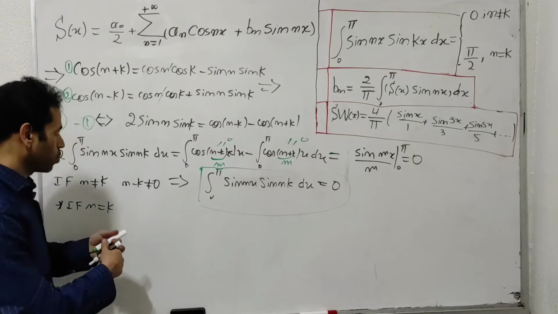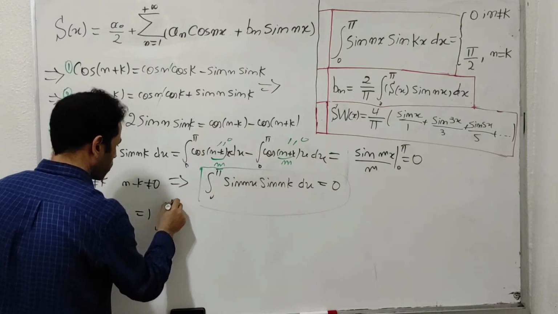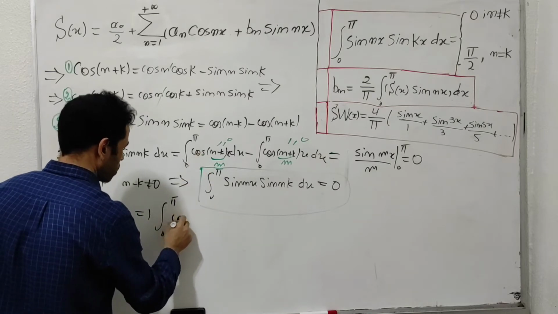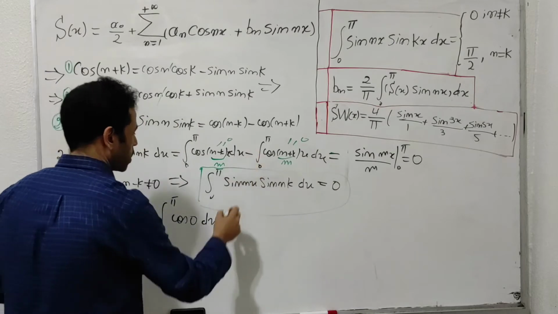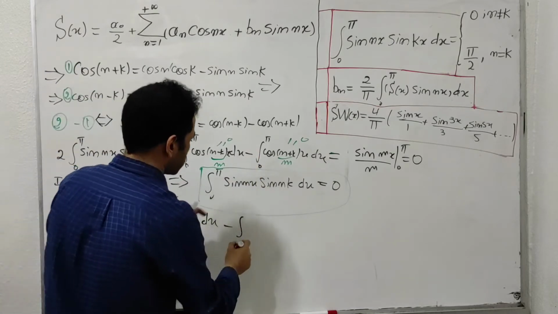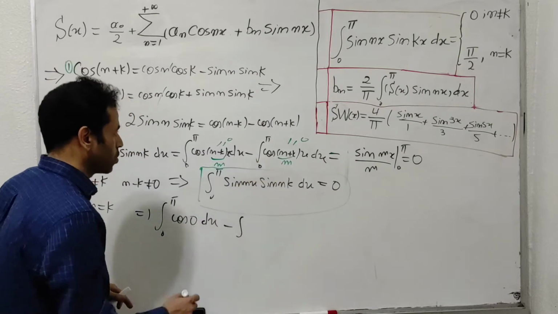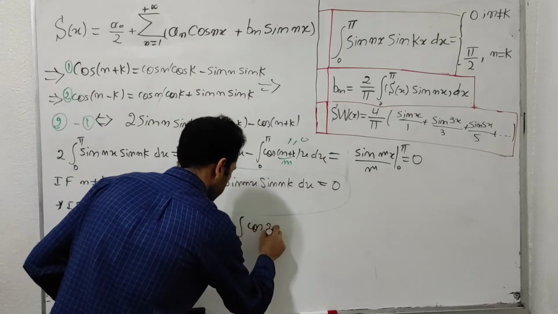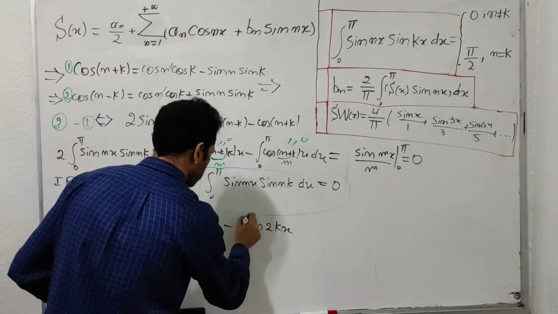So my integral, I will have from 0 to pi cosine 0 dx minus the second integral, as n equals k, that means cosine of 2kx, as x goes from 0 to pi.